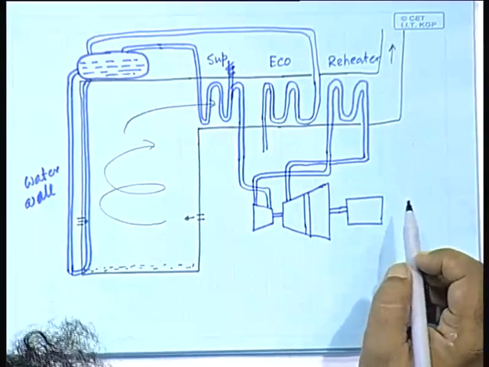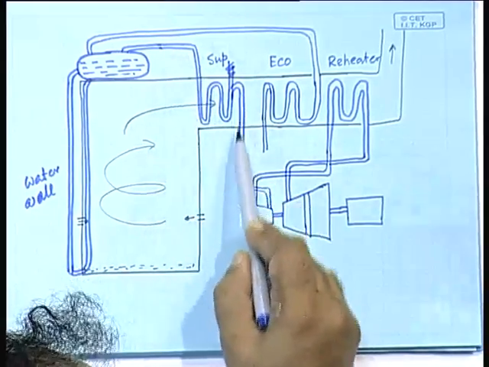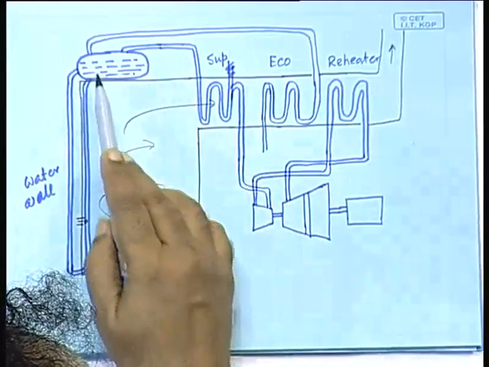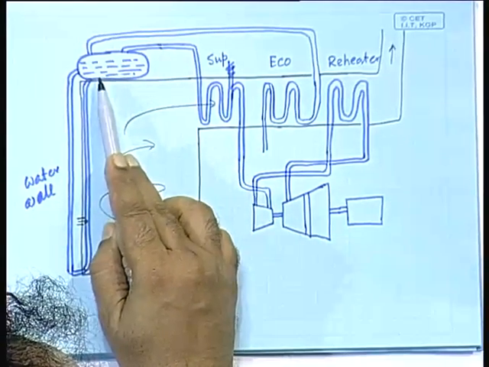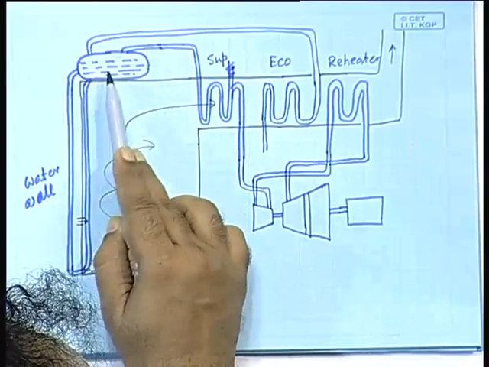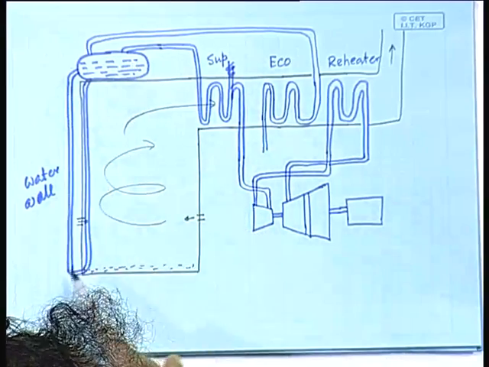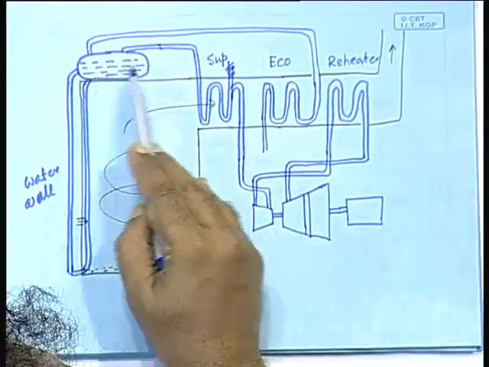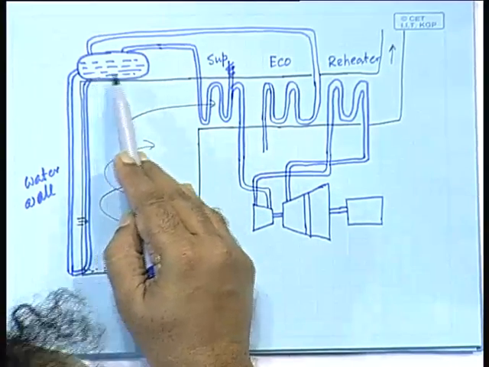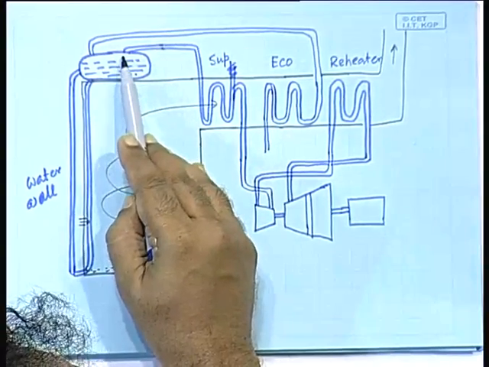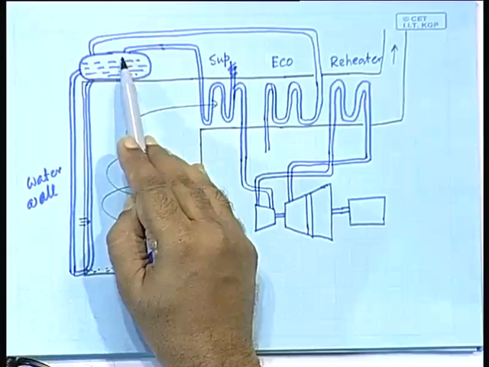The superheater output, let us start from here. The boiler drum produces, through the boiling process here, a steam water mixture, and naturally the steam that is here is saturated steam.